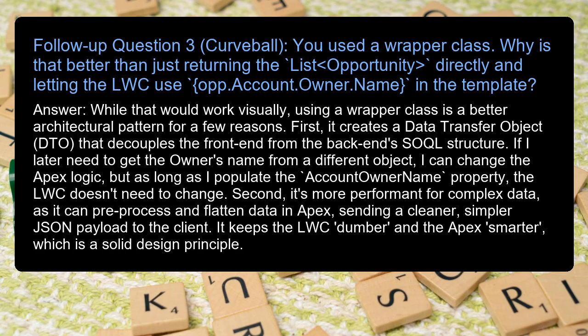If I later need to get the owner's name from a different object, I can change the Apex logic, but as long as I populate the accountOwnerName property, the LWC does not need to change. Second, it is more performant for complex data, as it can preprocess and flatten data in Apex, sending a cleaner, simpler JSON payload to the client. It keeps the LWC dumber and the Apex smarter, which is a solid design principle.